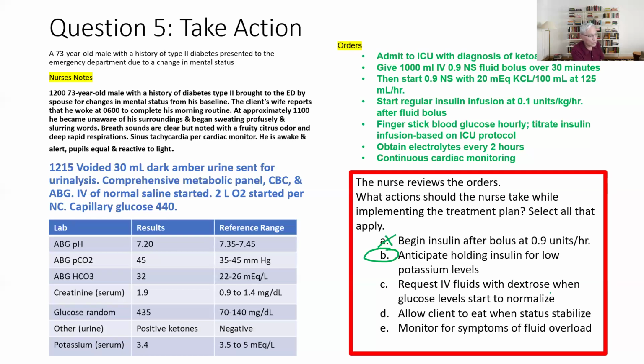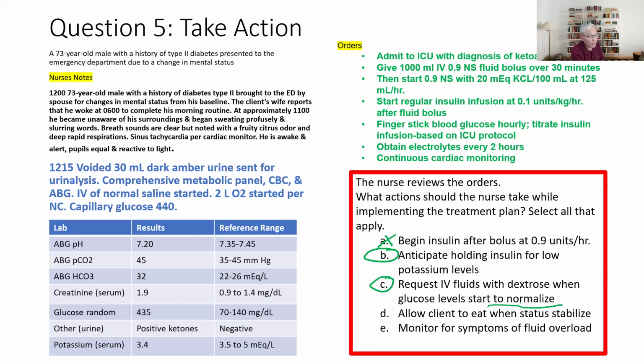Request IV fluids with dextrose when glucose levels start to normalize. Yes. So you remember, once the glucose level normalizes to around 200, we usually start giving dextrose to prevent rapid correction of the hyperglycemia.